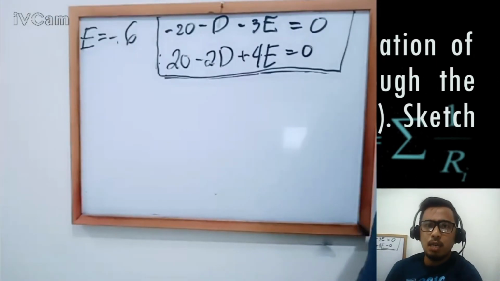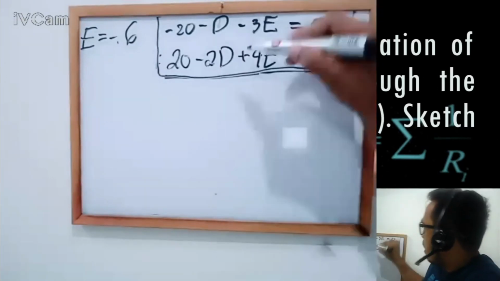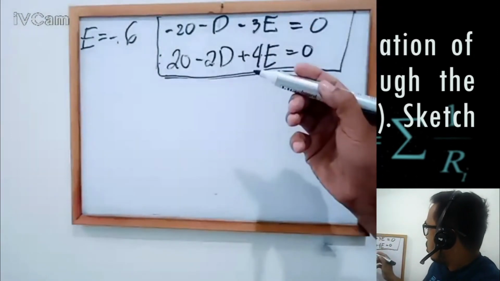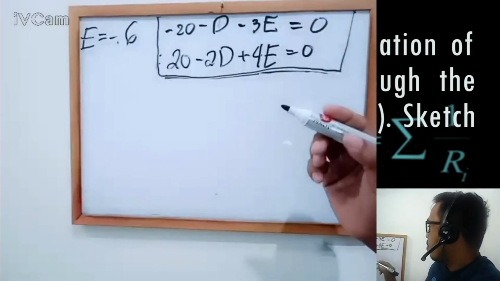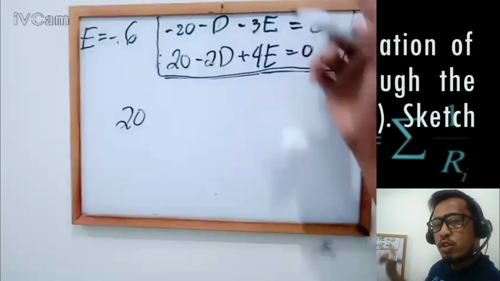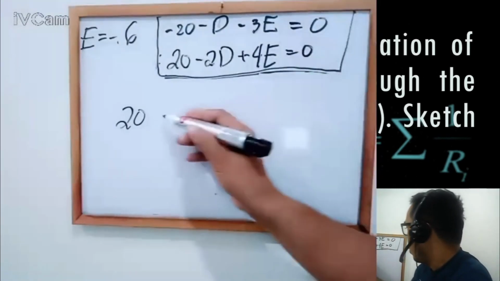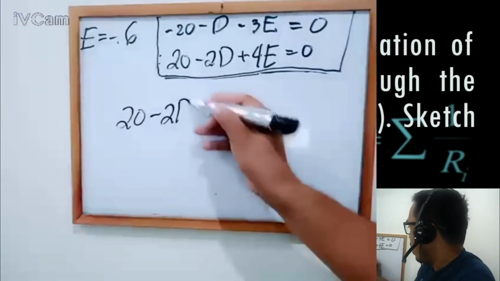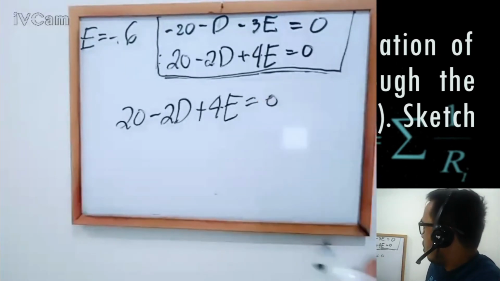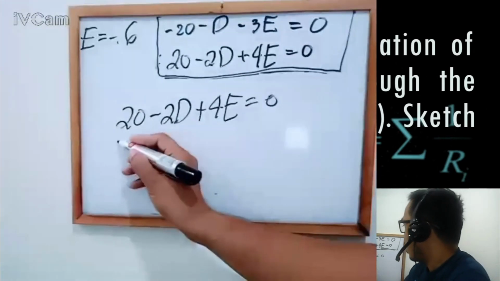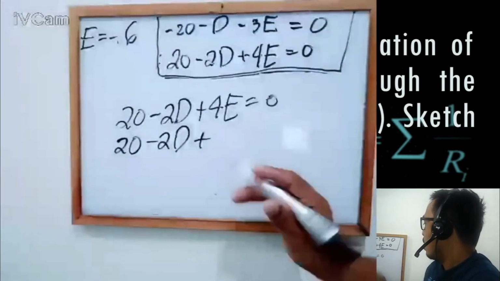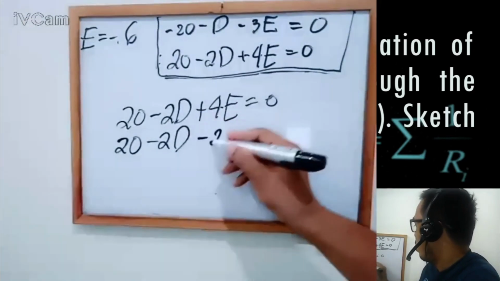After finding e, we will now solve for the value of d. We may use either equation number 4 or equation number 5. It will not matter which equation you use, the same answer will be right. So we use equation number 5: 20 minus 2d plus 4e equal to 0. Our e is negative 6, so it is 20 minus 2d plus 4 times negative 6, which is negative 24, equal to 0.